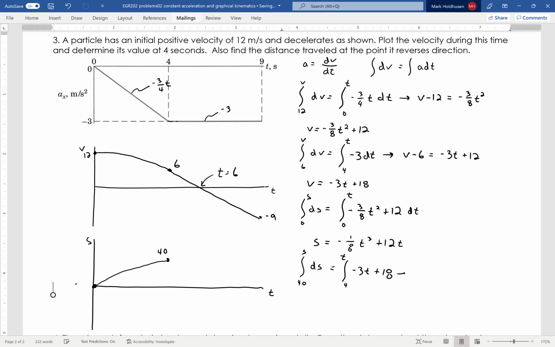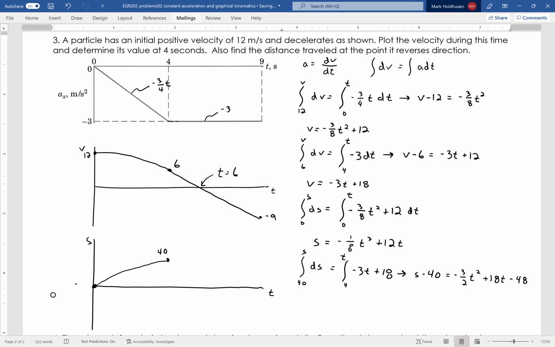Okay, so from this, I get s minus 40 for the left side. Again, the integral of ds is just s. And then the right side becomes negative 3/2 t squared plus 18t minus 48.